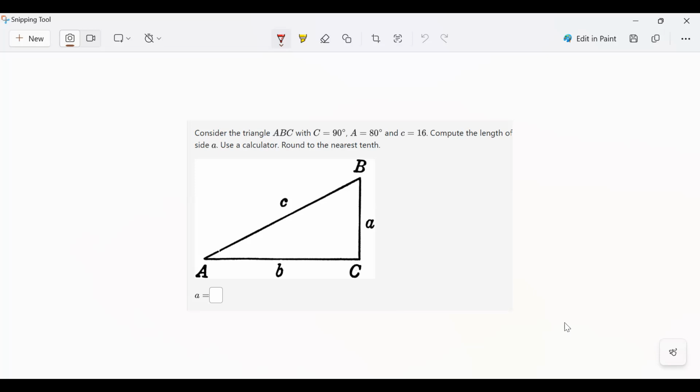Let's go over the solution. So this angle A is 80 degrees.